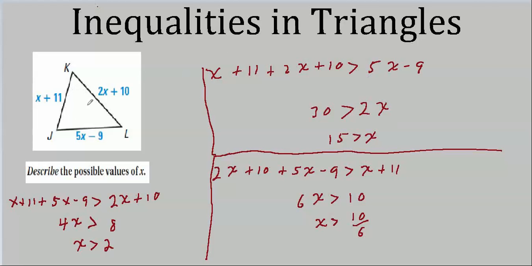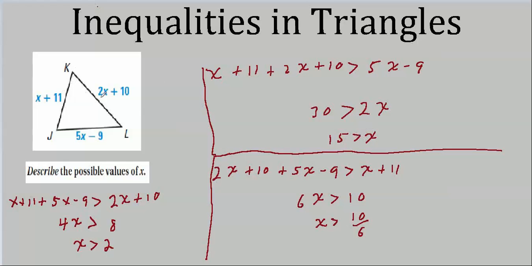Also, the length of this side plus the length of this side is greater than this. And same thing down here. This plus this is greater than this. So if I write all that out and solve, when I use this side and this side greater than this, I get that x is greater than 15. Any number smaller than 15 would not work.